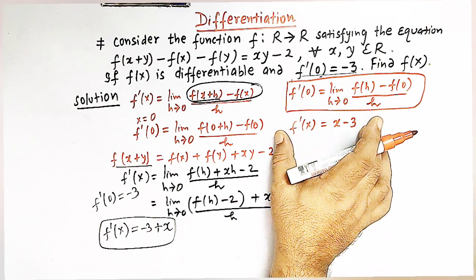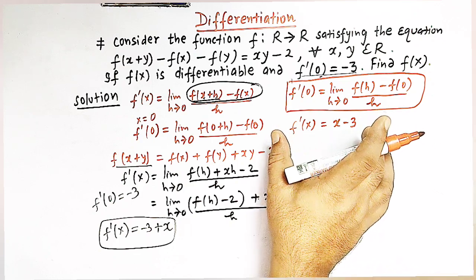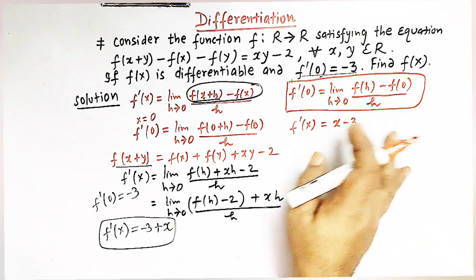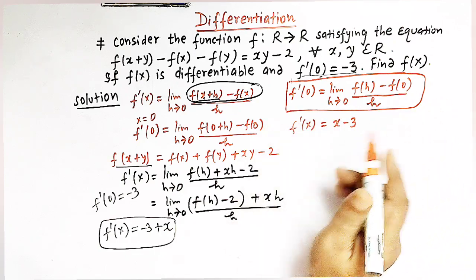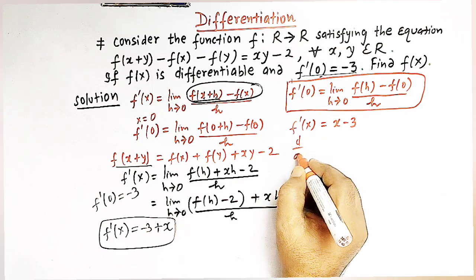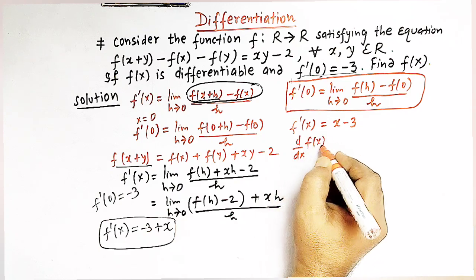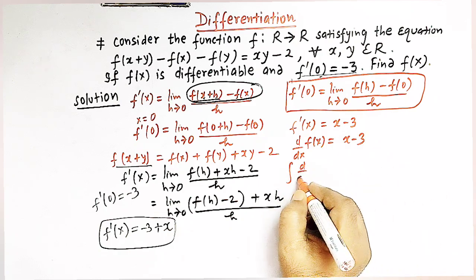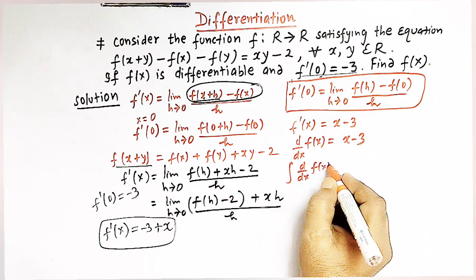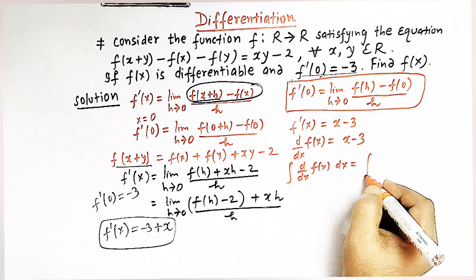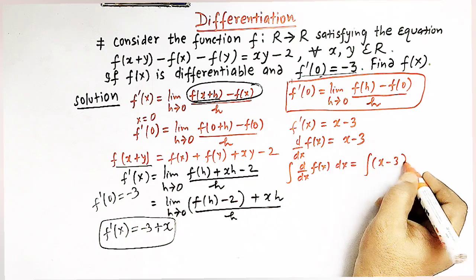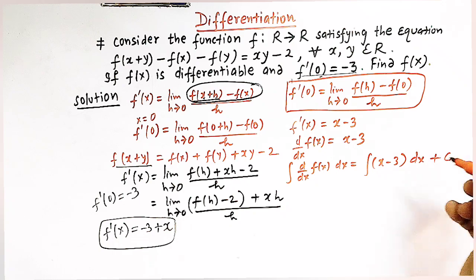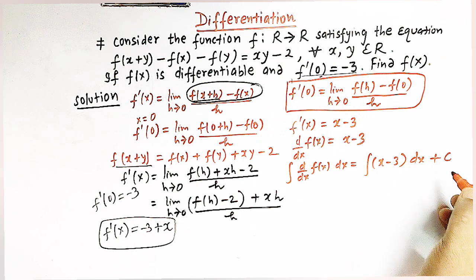So this is a differential equation, and we can extract the function f of x by integrating both sides. So we can now write d by dx of f of x is equal to x minus 3. So now integrating both sides with respect to x, we can now write here x minus 3 dx, and we have to add a constant of integration, that is c.